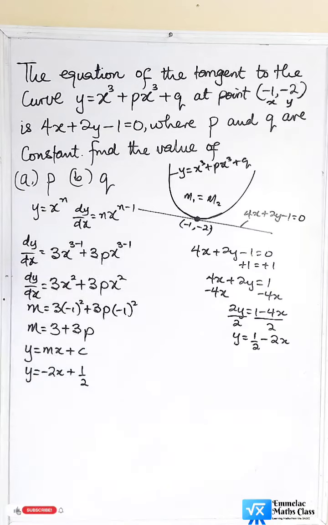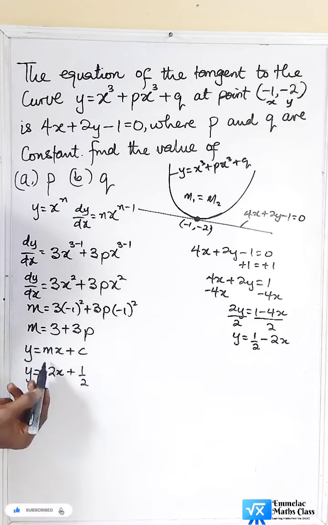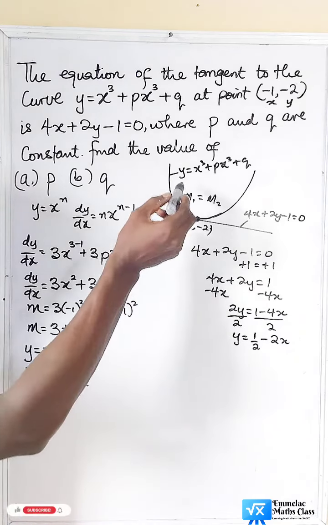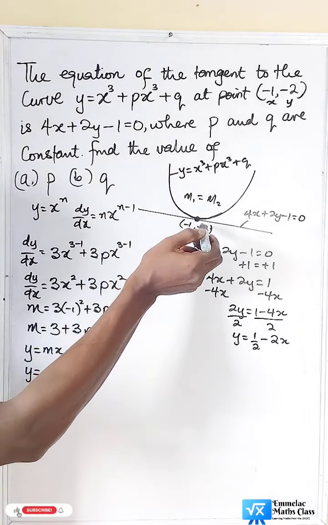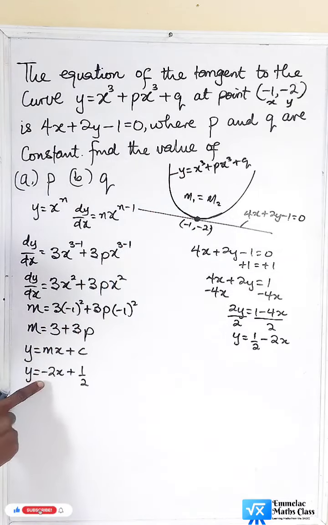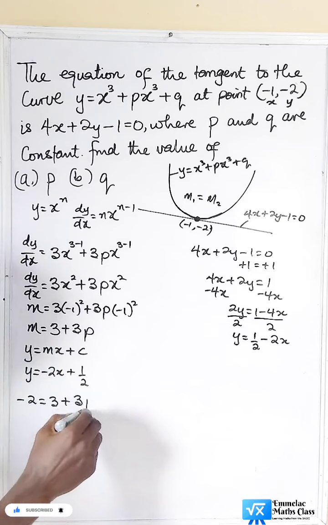From here, you can see that the equation of the tangent has gradient or slope of -2, and I said initially that the slope of the curve and the tangent is the same. So we can plug in the value of -2 for m here. We have negative 2 equals 3 plus 3p.